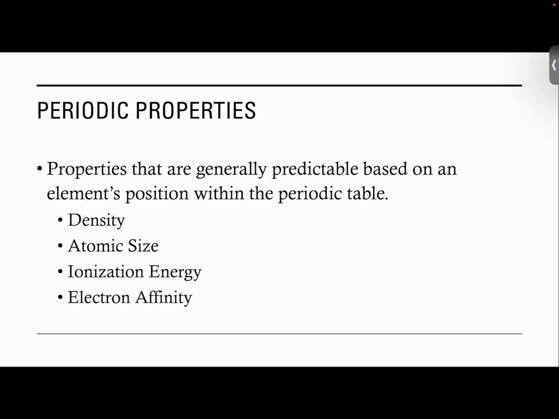The reason is because it's directly under bismuth, which is directly under antimony, which is directly under arsenic, which is directly under phosphorus, and I understand phosphorus and nitrogen. I don't even know bismuth, but I know how nitrogen and phosphorus behave. So that gives me a pretty good idea.